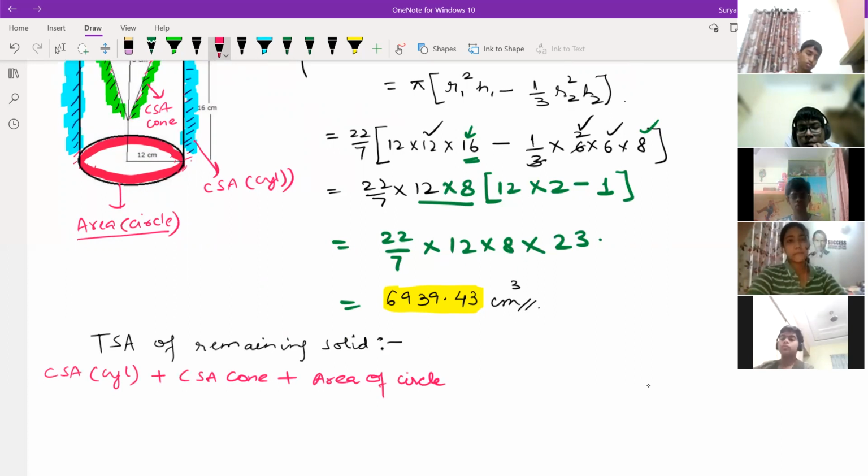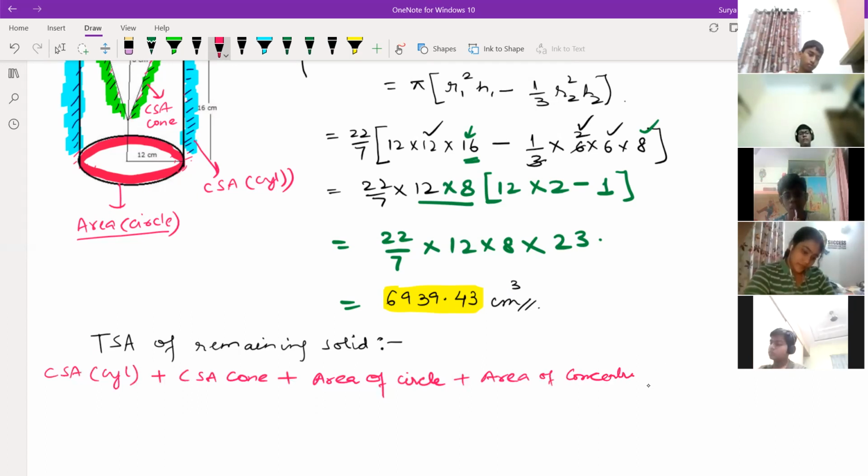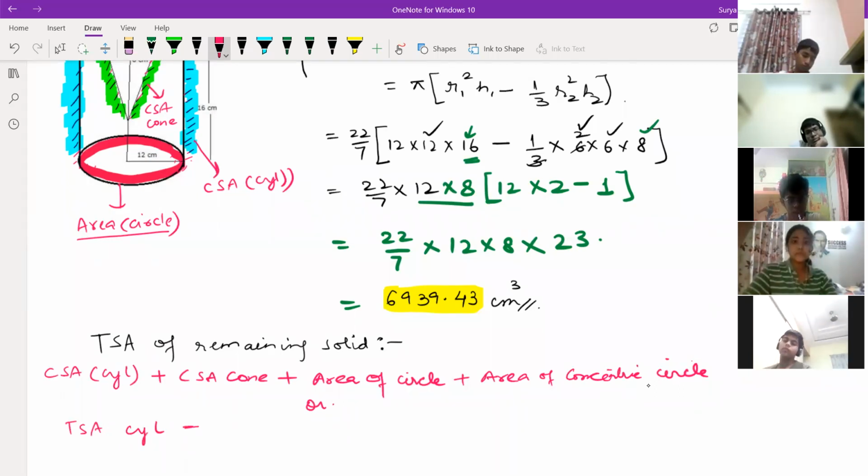And plus area of the concentric circle. Or you can do, if you want, children, TSA of cylinder minus area of a small circle, area of base of the cone.